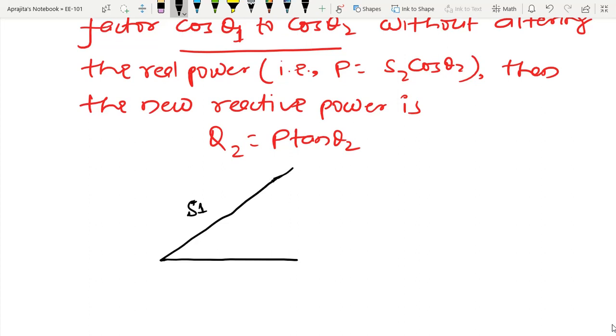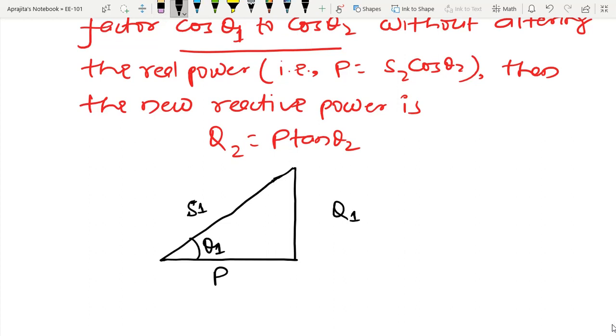Here you can see that initially I have this. So this angle is nothing but theta 1, this is P, and this part is Q1.